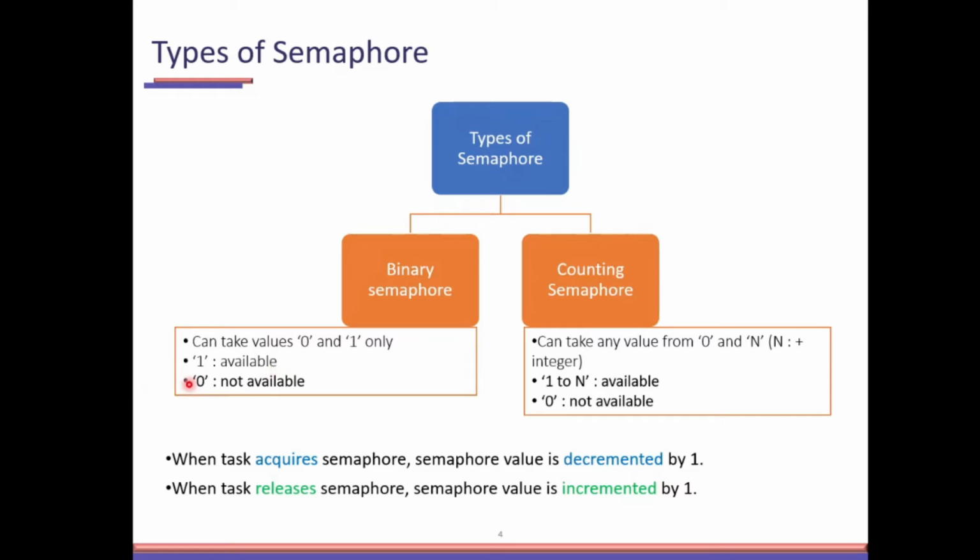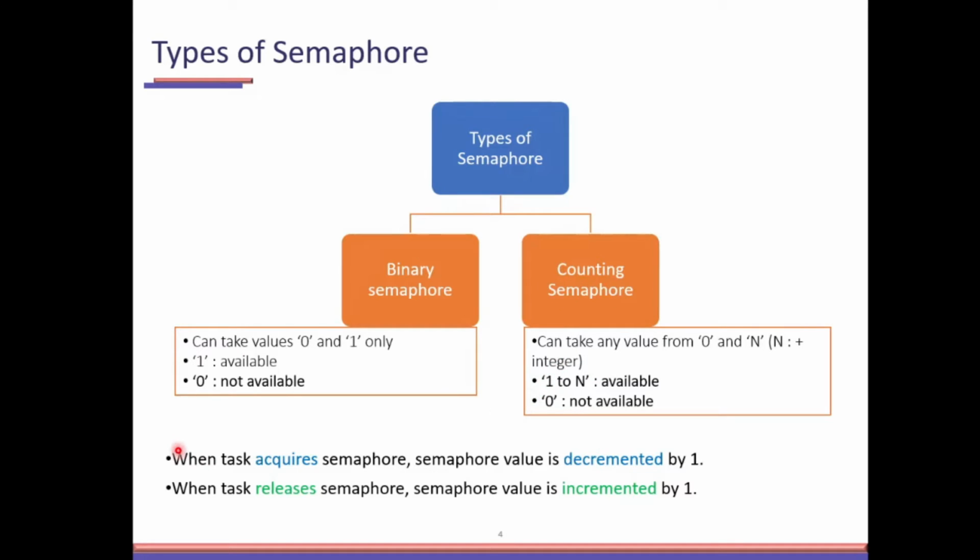When the value is 0, it is not available to any task, meaning it is already in use. Similarly for the counting semaphore, any positive value from 1 to n indicates it is available, or that many keys are available. When it is 0, it is not available.